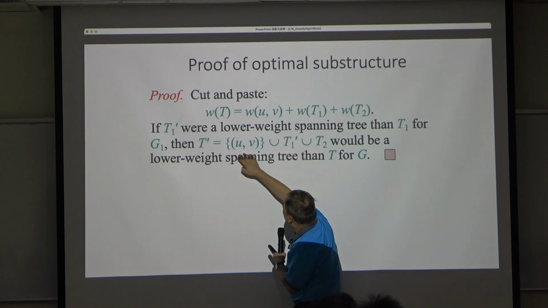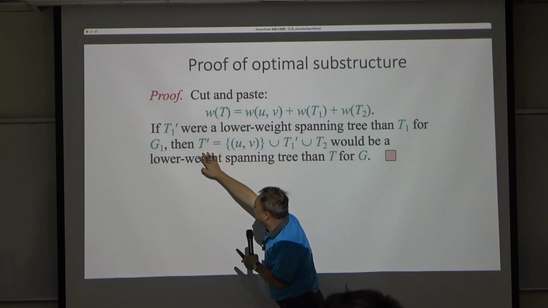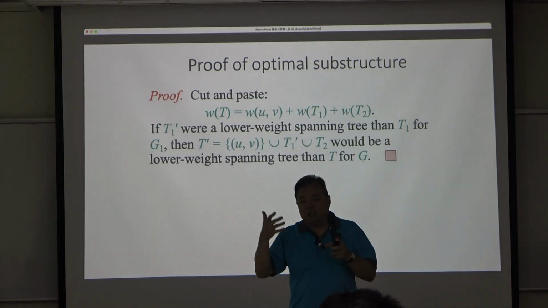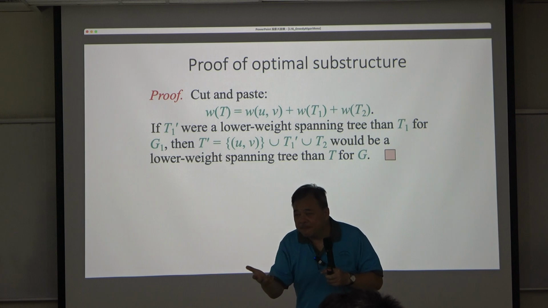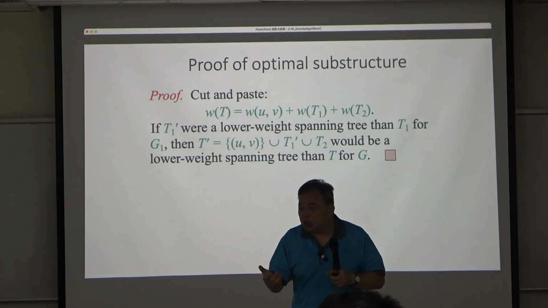So obviously the total weight of this tree T prime will be smaller than T. But that's a contradiction, right?